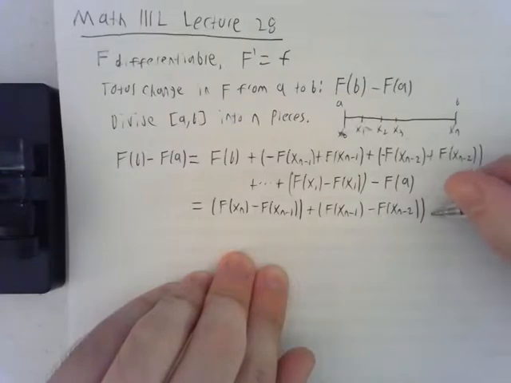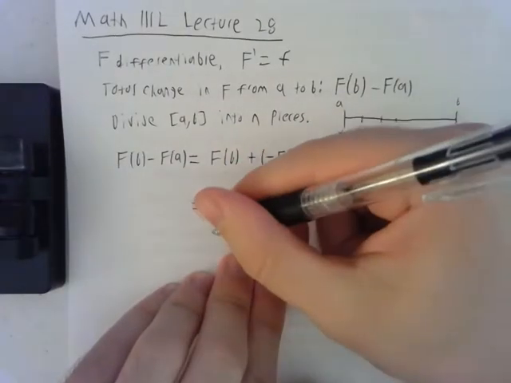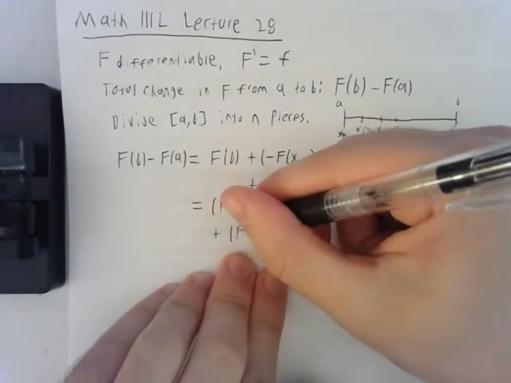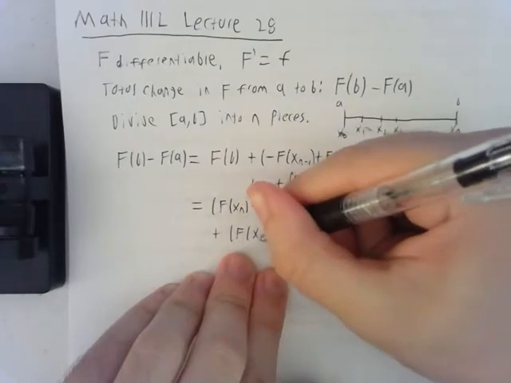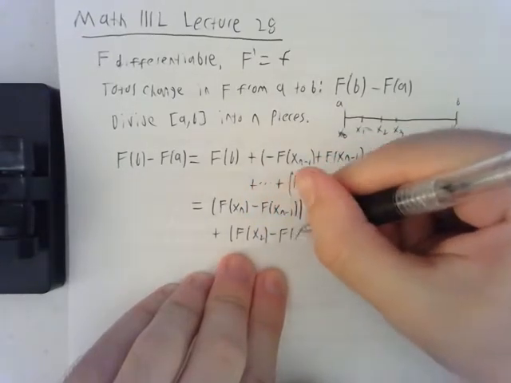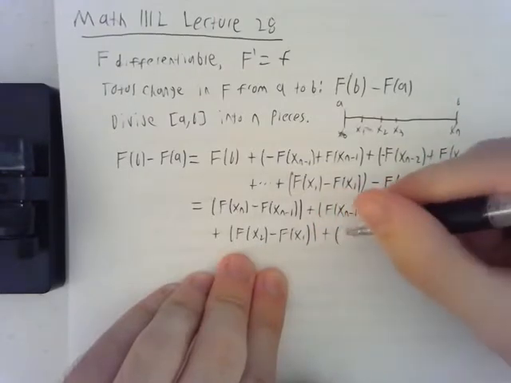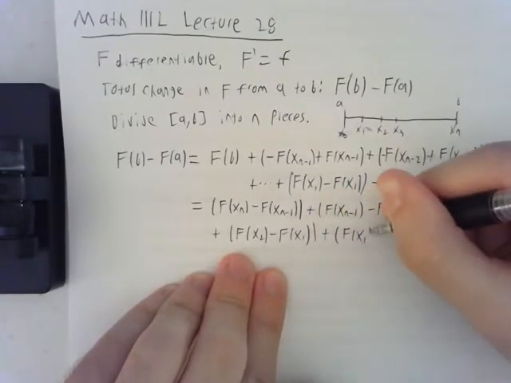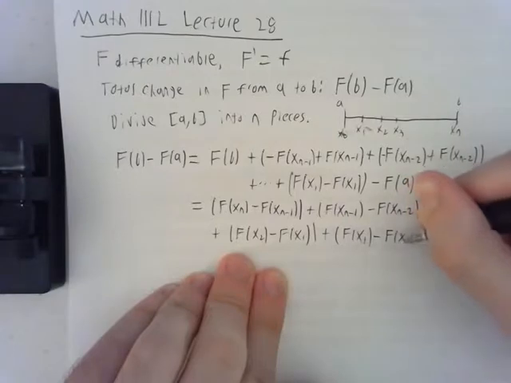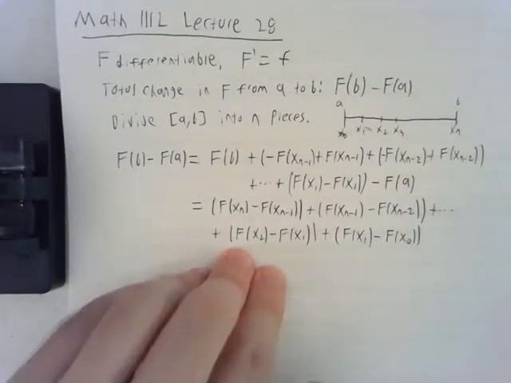And I keep grouping the terms like this until eventually the last term is F of x1 minus F of x0, which is the same as F of a.